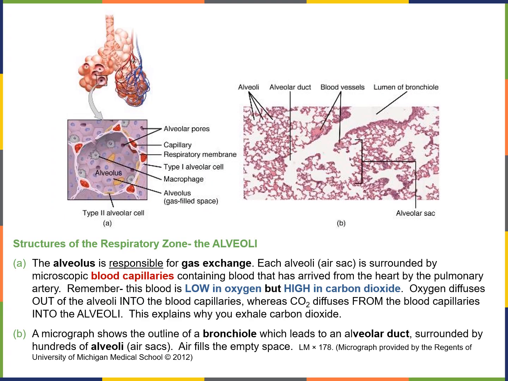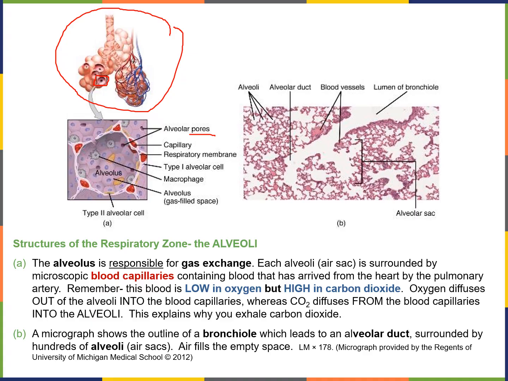Now here again is the same image from the last slide, but the focus is going to be on one alveolus. Each alveolus is connected to the other by these pores.